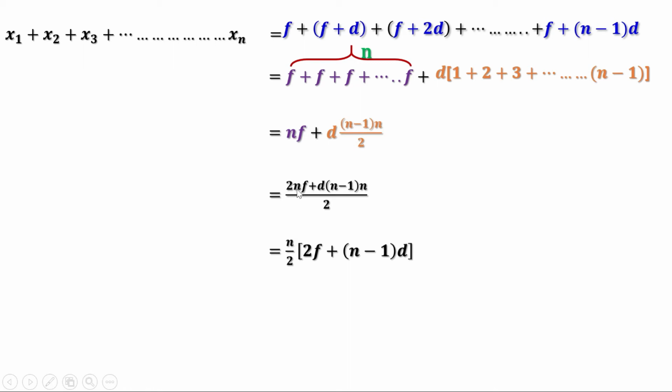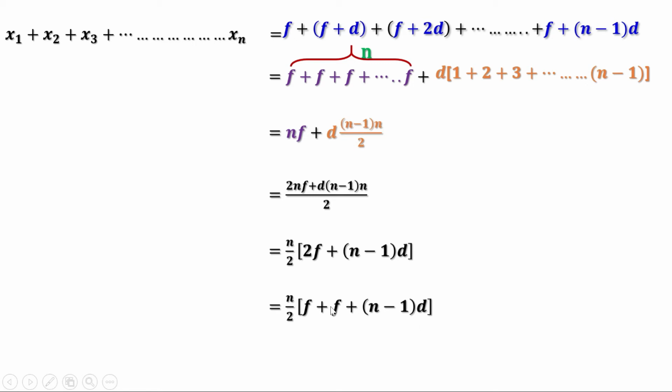What remains now? We have taken n outside. So 2f is there plus d into n minus 1, or n minus 1 into d. Now 2f can be written as f plus f. So it can be written as n by 2 into f plus f plus n minus 1 into d.